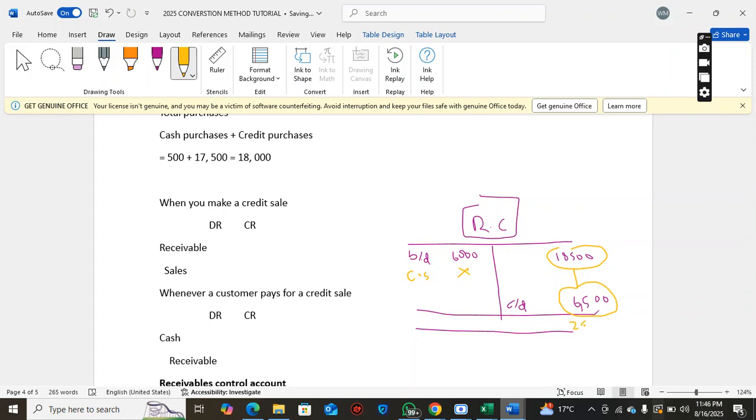So you say 25,000 minus 6,000. That will give us our credit sales. 25,000 minus 6,000 is 19,000. Any questions, colleagues? So our credit sales, 19,000. We've tabulated our figure.